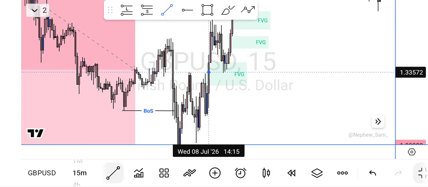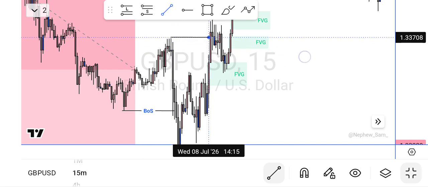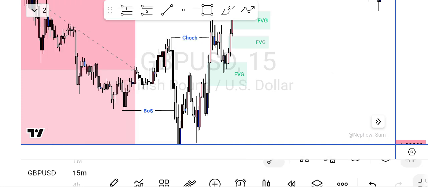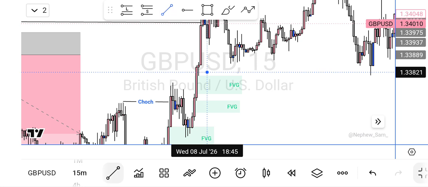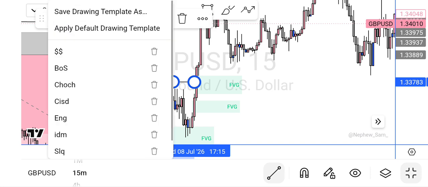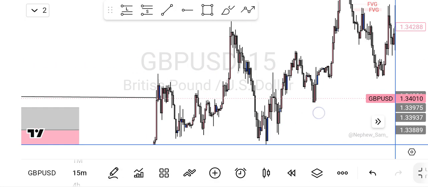Then we have here the first change of character right here, and then the second break, which is this, but price did not come back till it gets to our 4 hours target, and that was it for this one.